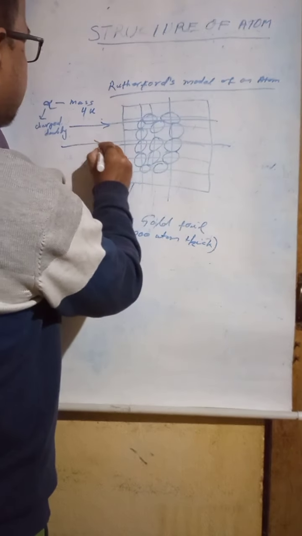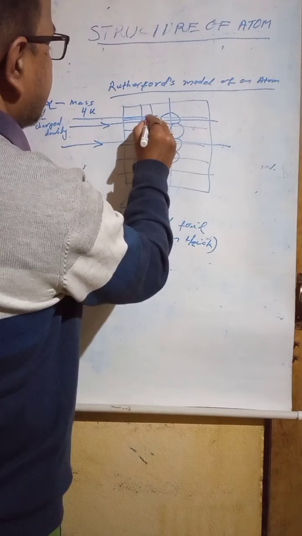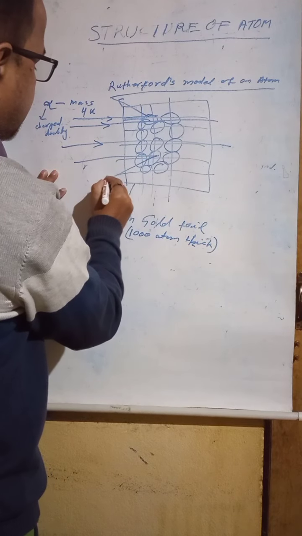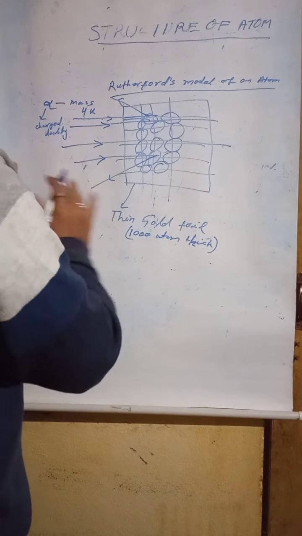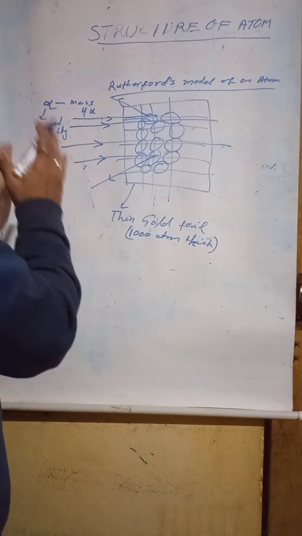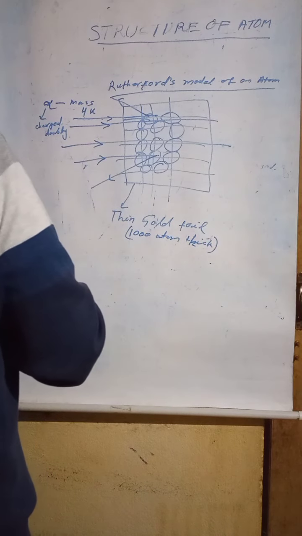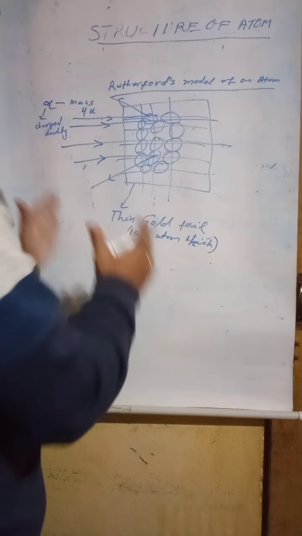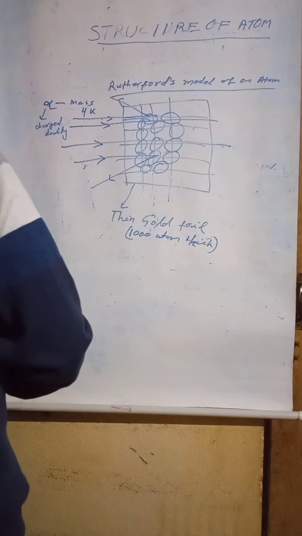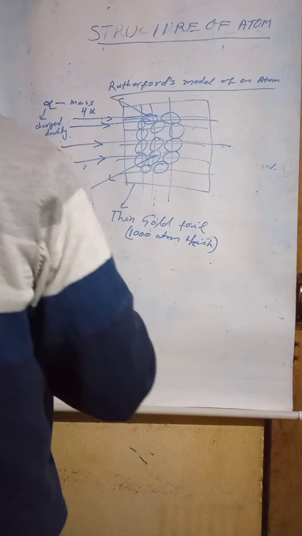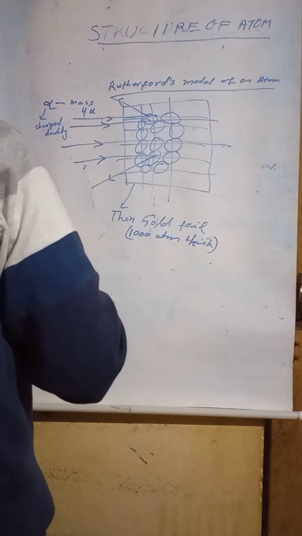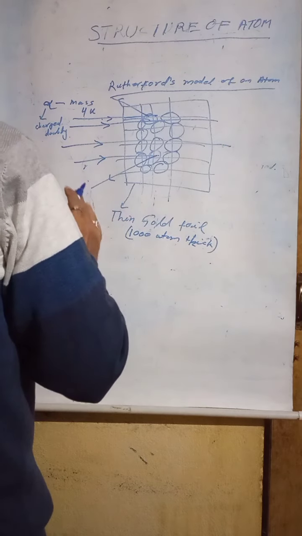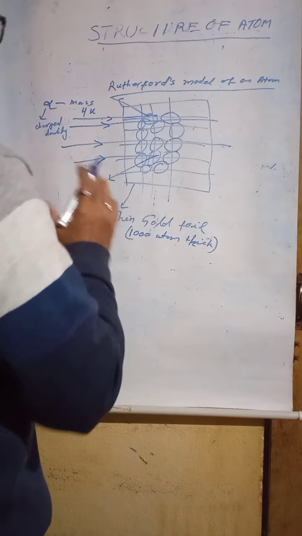So what did he do? He passed the fast moving alpha particles through this thin gold foil. It was expected that alpha particles would be deflected by the subatomic particles in the gold atom, but since alpha particles were much heavier than protons, he did not expect to see large deflection.